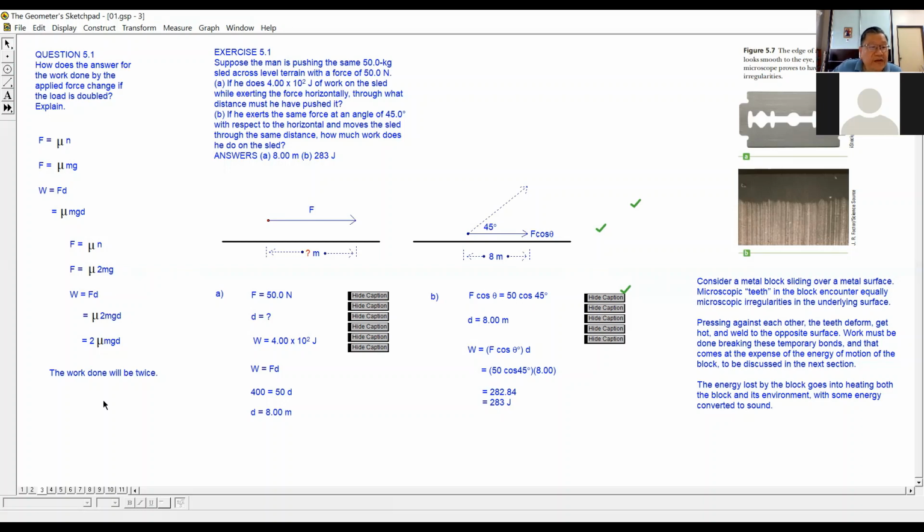If the frictional force is double, the work done against the frictional force is also double. So you can argue it that way. One depends on the other. Frictional force depends on the normal reaction. Work done depends on the frictional force.